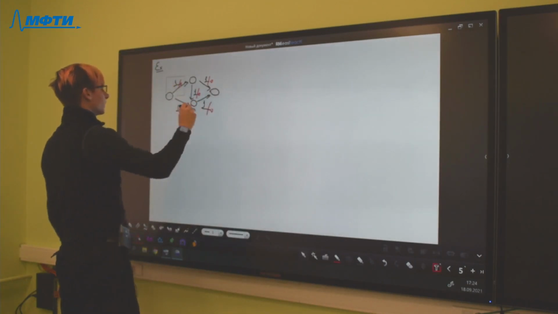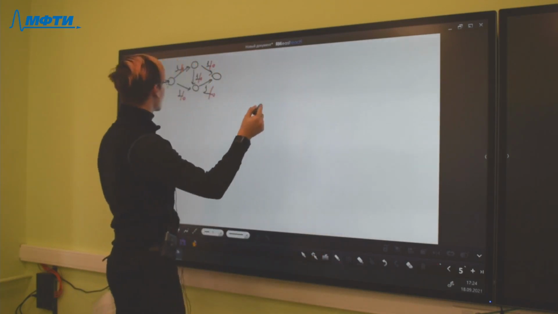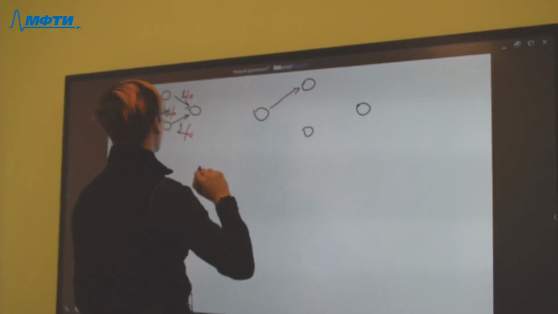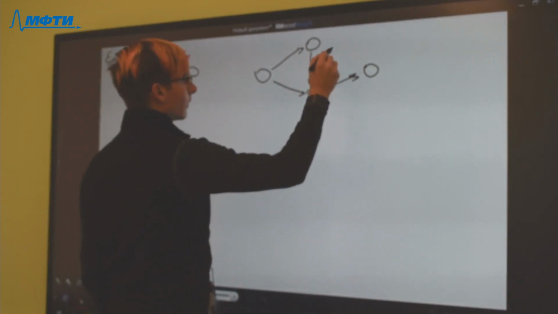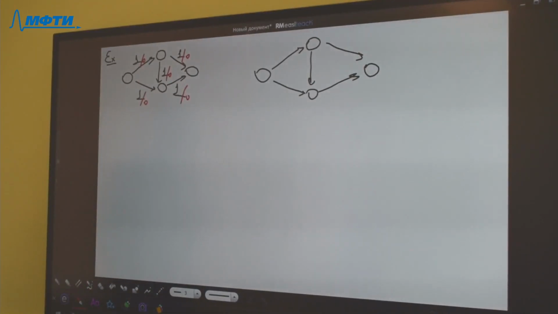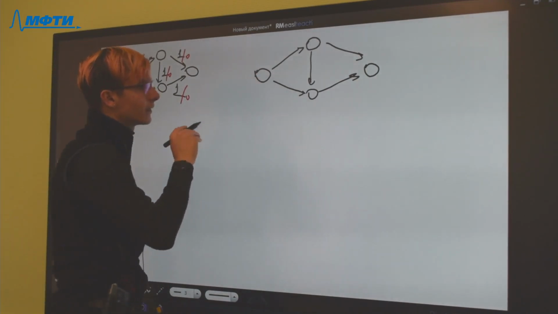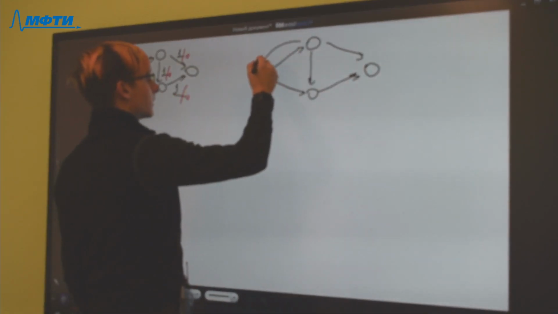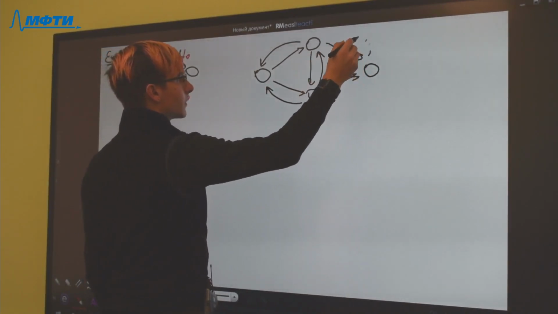Okay, I will draw it. Okay. And in the residual network, there are forward and backward edges. I will now say how to compute it.